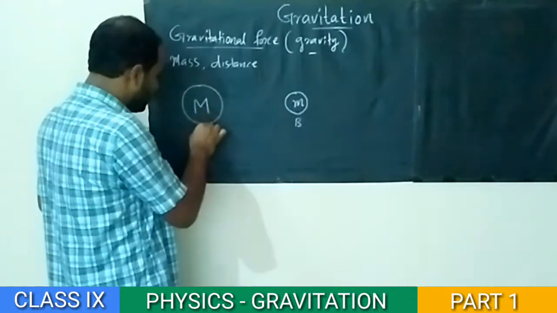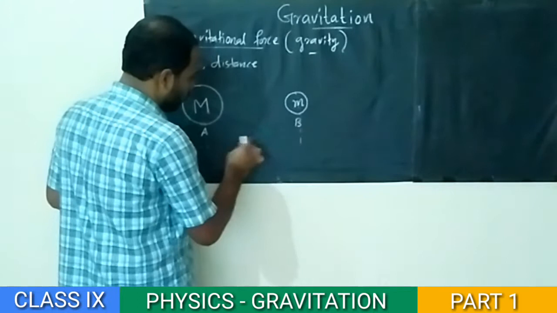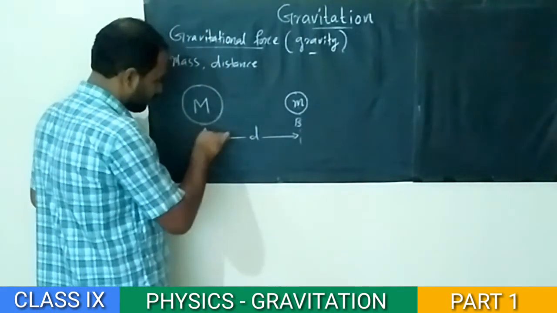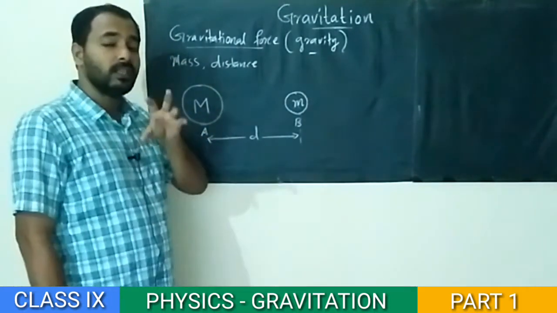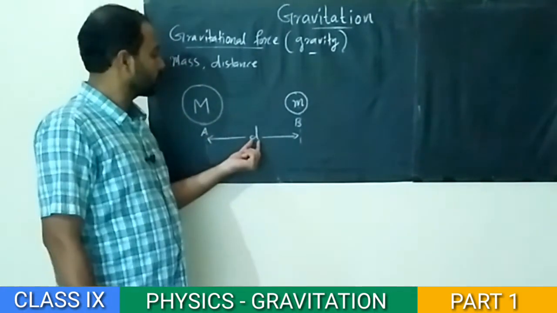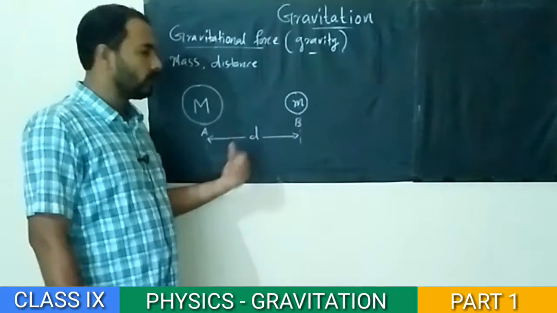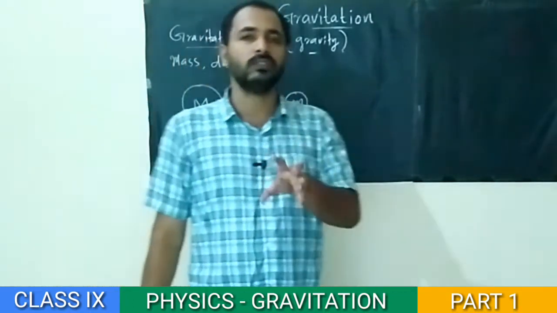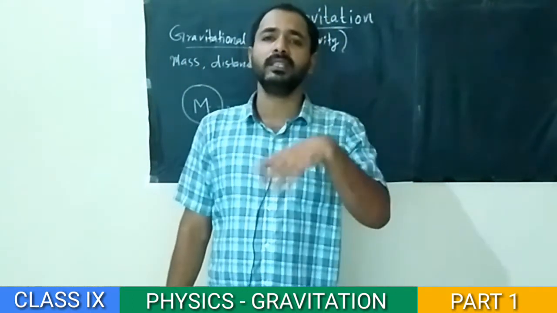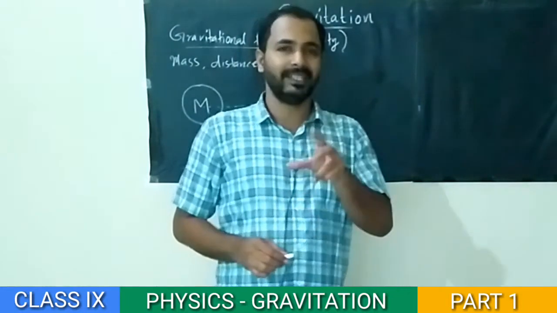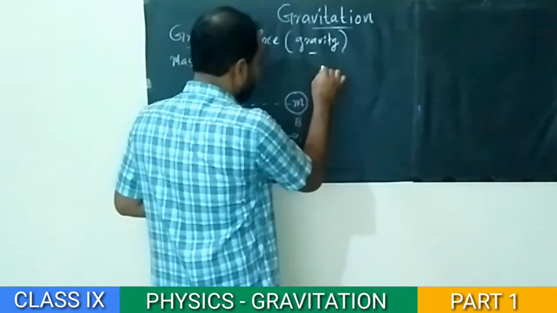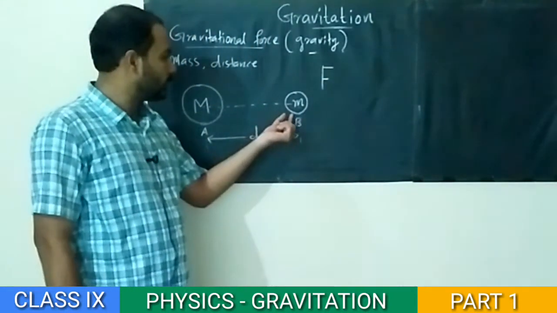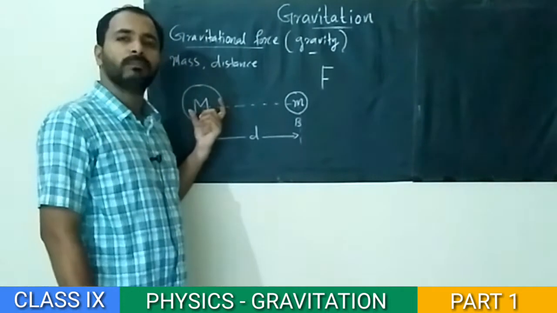The distance between their centers is d. The force of attraction between these two objects is represented by the letter F.